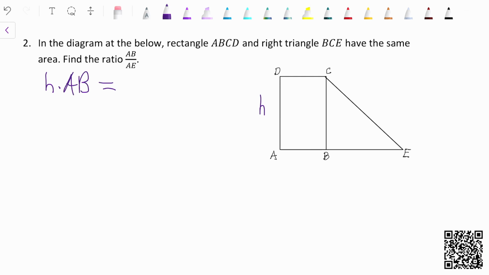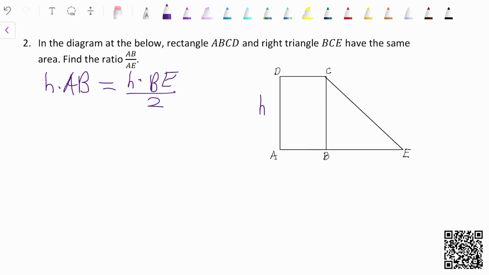Since their areas are equivalent according to the problem, the area of our right triangle is equivalent to H times BE divided by 2, since H is still the same, and the area of a triangle is height times length divided by 2.